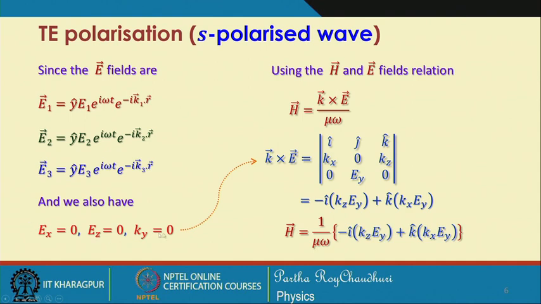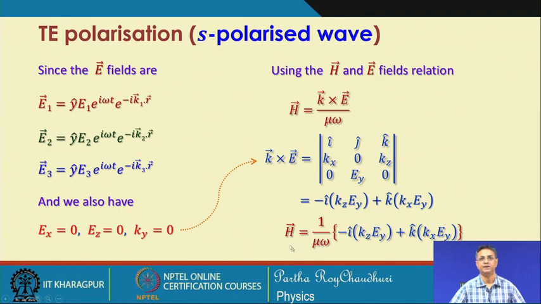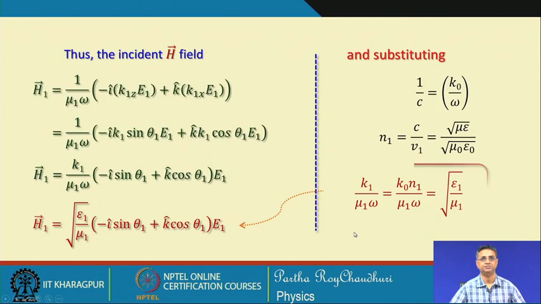If we put these three values in the connection equation between H and E, then kx, kz and uy constitute the determinant, and as a result the H field will be due to the uy and kz, kx and uy combination. So we can now evaluate the various magnetic field components from this expression.